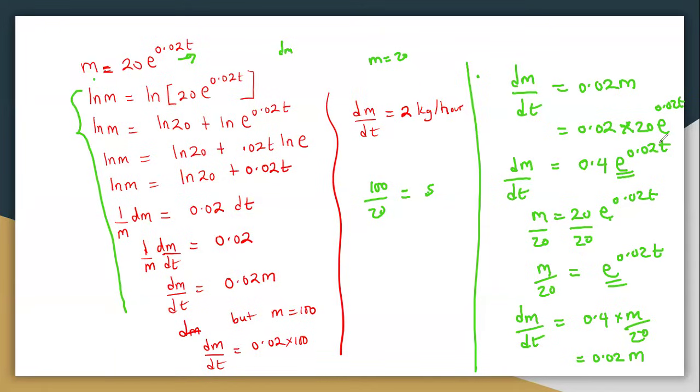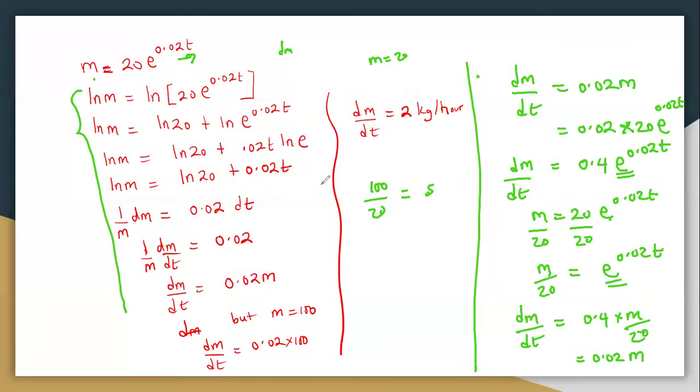Okay. Yes, Moses. Moses, unmute. Excuse me, sir. Teacher, when I replaced m equals 100, I was stuck from this point.